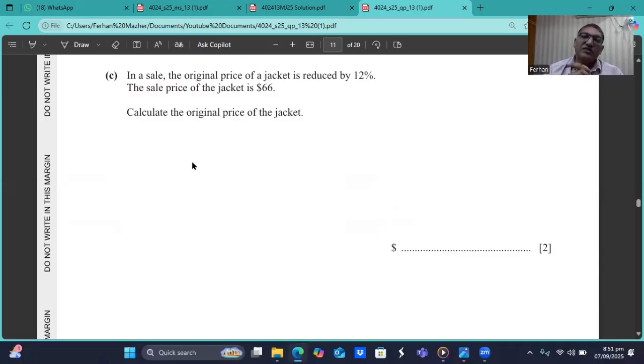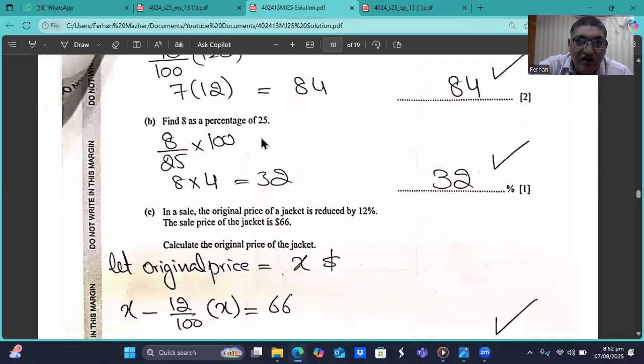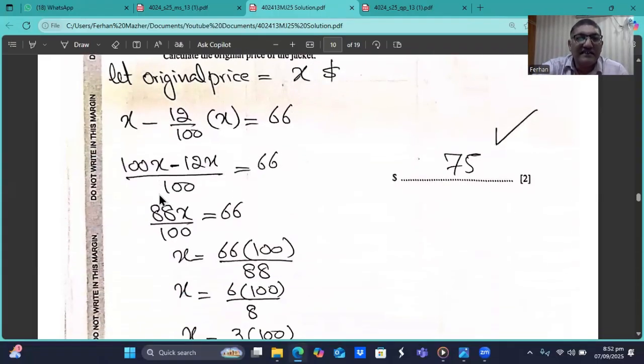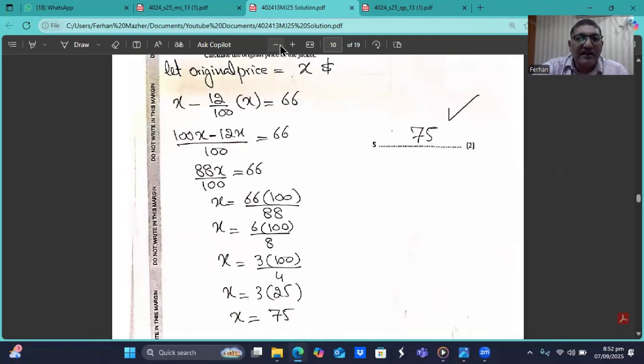Let the original price be X dollars, and the formula will become original price minus 12% of the original price, and that is equal to the sale price. So you will have X minus 12 by 100 of X equals 66.